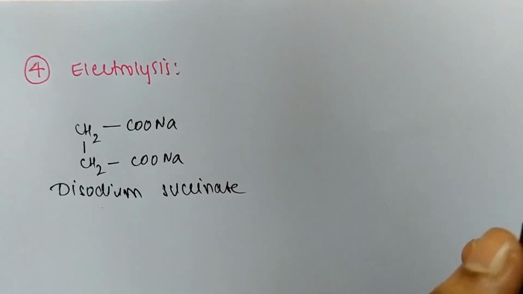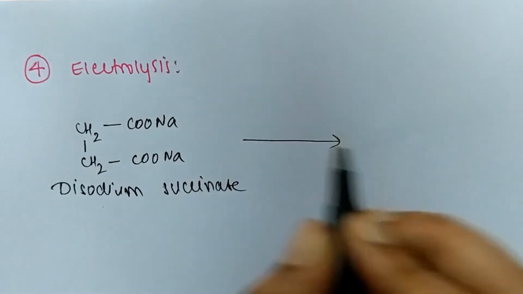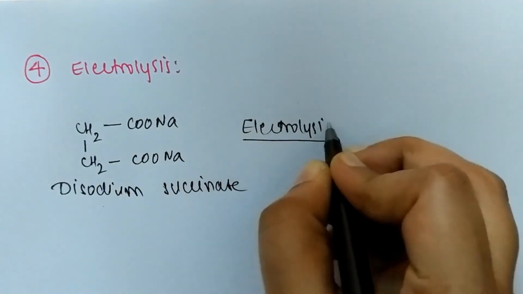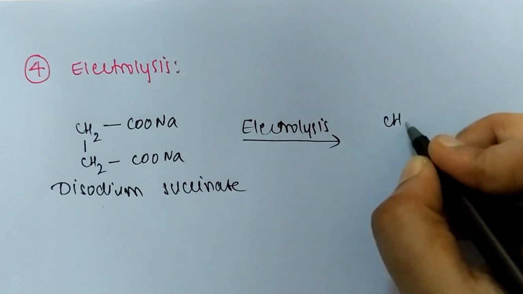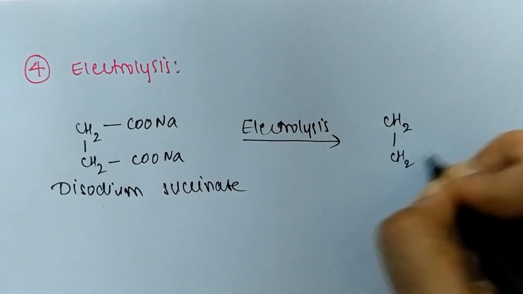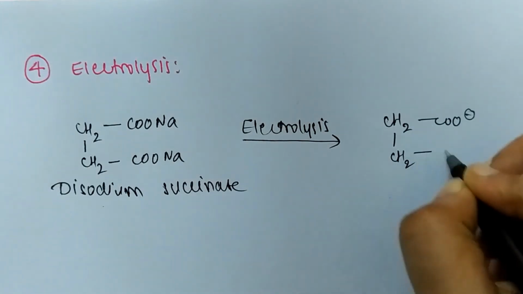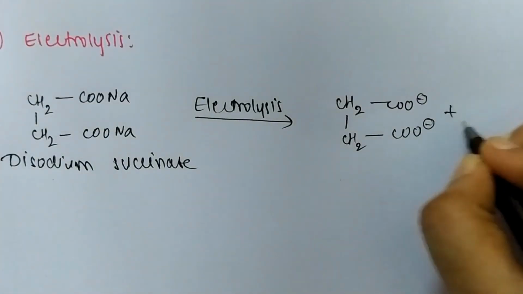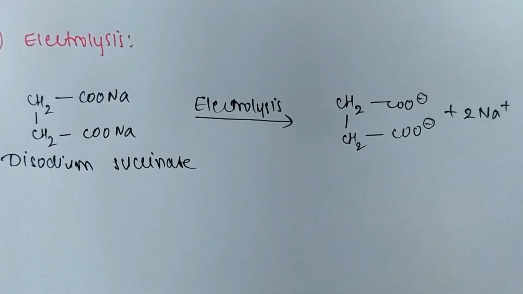Now this disodium succinate is going to undergo electrolysis, and therefore we are going to get succinate ion along with 2 Na plus ions.